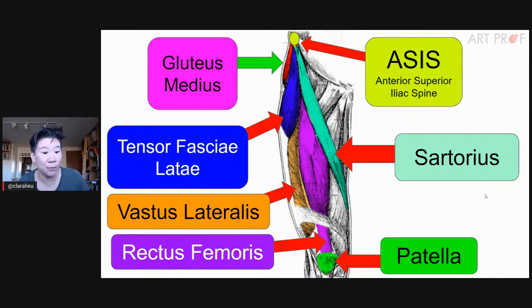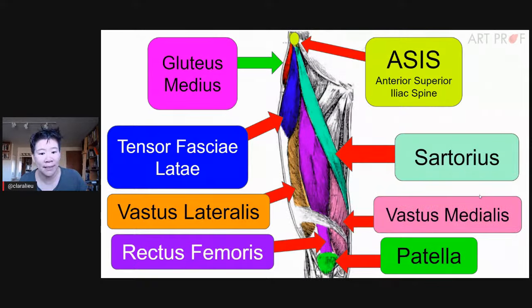Okay, now we have the rest of that muscle group. Vastus lateralis, lateral being on the outside, vastus medialis being on the inside. Woo! That's a lot of muscle terms. But honestly, out of this whole image, if you just have ASIS and patella, you'll mostly be fine.